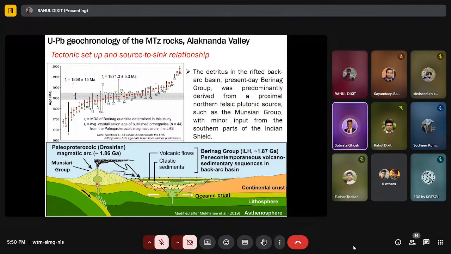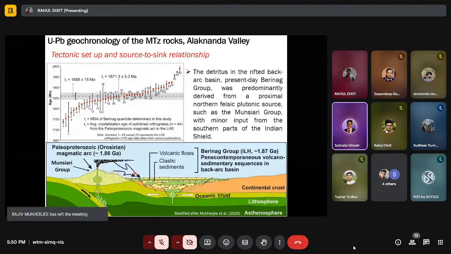In this model, to the north or to the left of the Munshiri group would lie a huge zone of high-grade crystalline rocks, which is the Higher Himalayan Crystallines. So where were they located during this subduction?